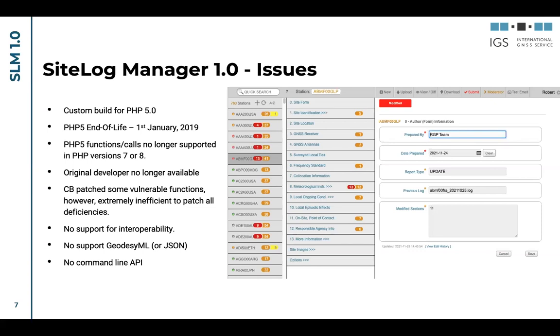The existing legacy SLM that we have right now has no support for interoperability. We cannot communicate automatically with other network agencies like the Canadian agency, GA, or Europe.